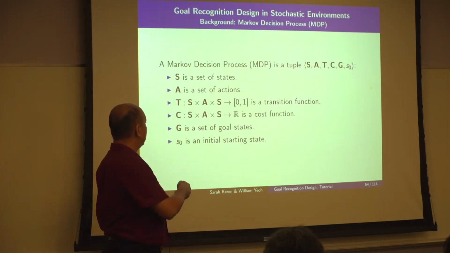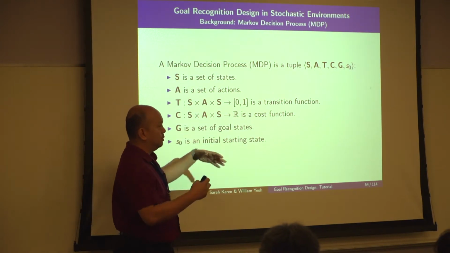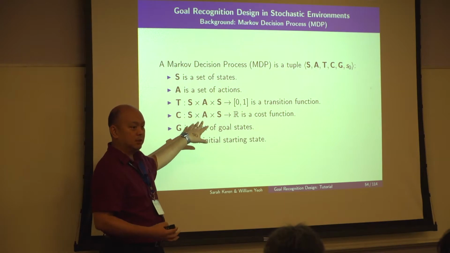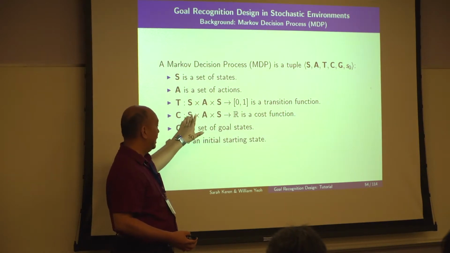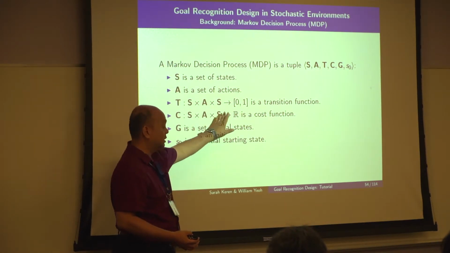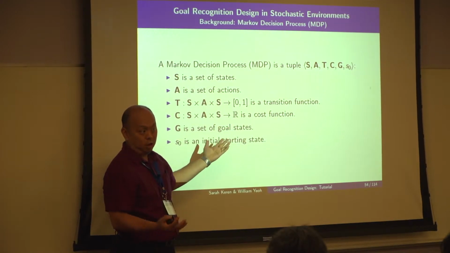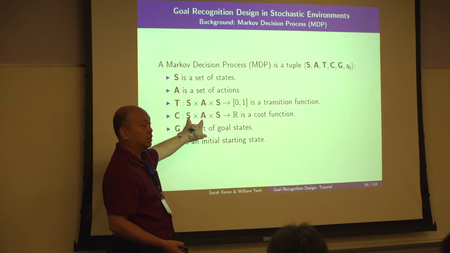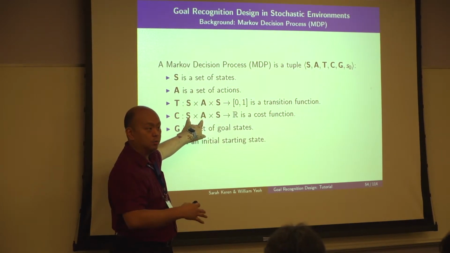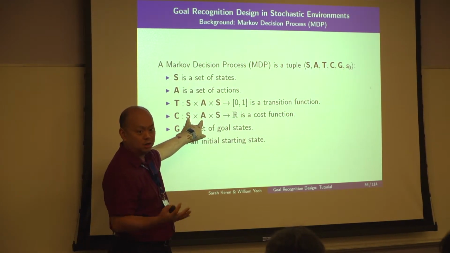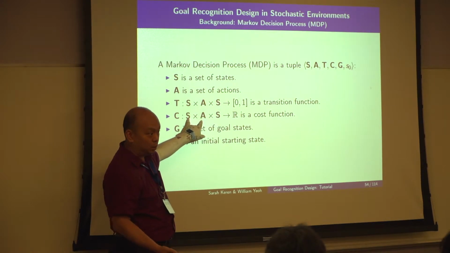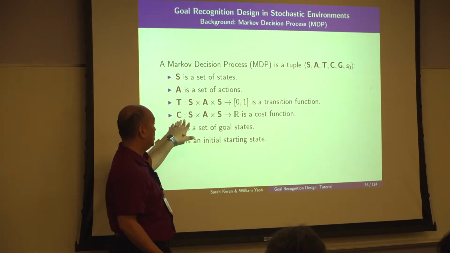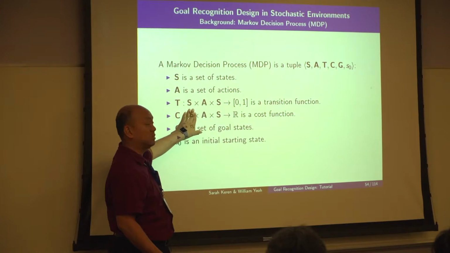You can also have a cost function, and this is the most general one, that depends both on the state that you are taking the action from and the resulting state that you end up in. You can also have cost functions where I only look at state-action pairs. I don't care which state you end up in. No matter what the successor states are, the cost is the same. Or you can also have costs that don't depend on the action, just on the state.